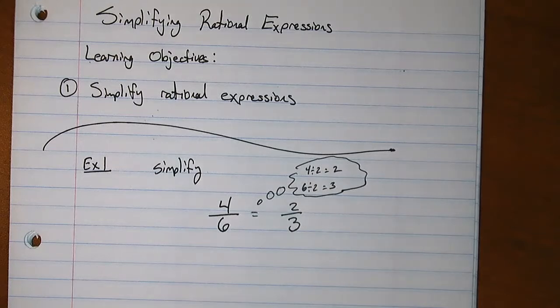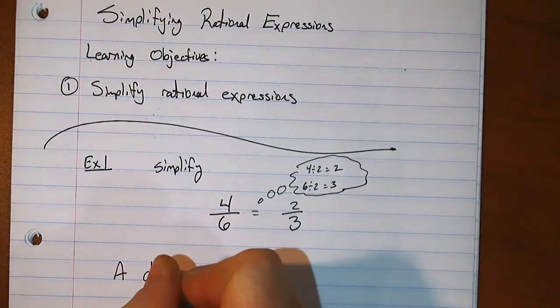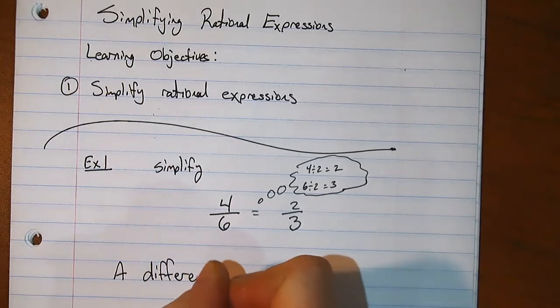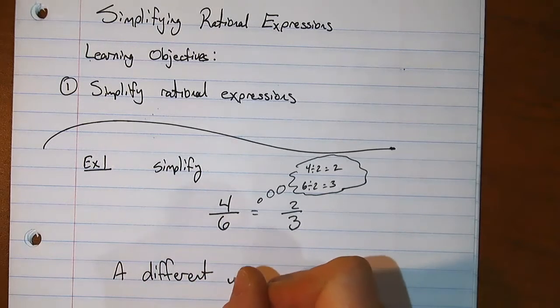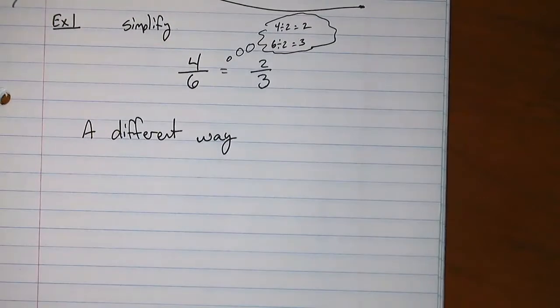But I want to consider a slightly different way. Not because I think it's important for you to learn a different way. If you've got a way that works, use the way that works, right? The reason I want to consider a different way is because, as I mentioned a minute ago, there's one key difference between working with numbers and variables, and it happens right here.